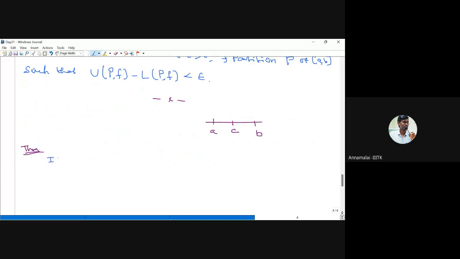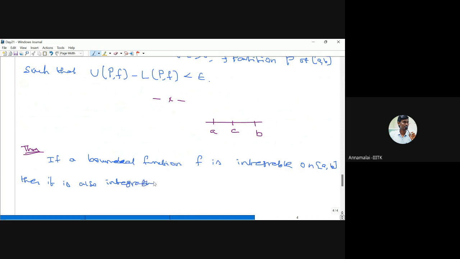So if a bounded function f is integrable on the closed interval a comma b, then it is also integrable on the smaller closed intervals a comma c and c comma b, where c is a point of this closed interval a comma b.